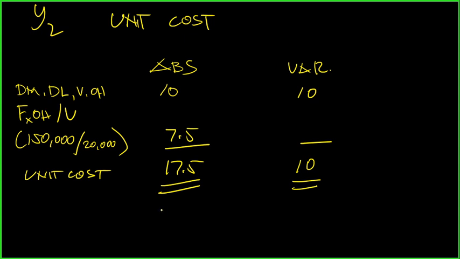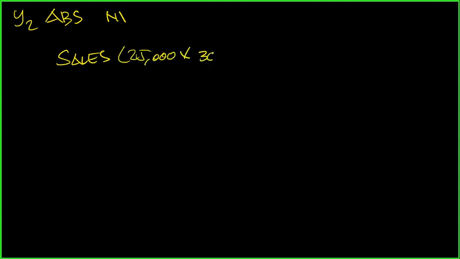Okay, let's compute for your absorption costing. Year 2 na tayo. Absorption costing net income. Starting with your sales. This time your sales will be constant because we're selling 25,000 every year. No? So it's 25,000 times 30. So you will have 750,000.